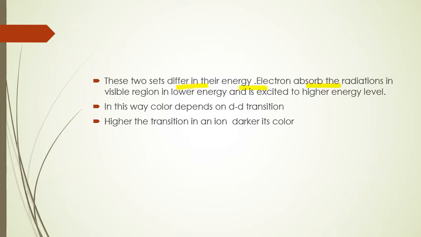Electrons absorb radiation in the visible region from the low energy level and are excited to the higher energy level. In this way, the color depends on the d-d transition: the higher the transition in an ion, the darker its color. And for the d-d transition, it is essential that the transition element should have unpaired electrons. If it has unpaired electrons, the color of the compound or the ion is due to the d-d transition.